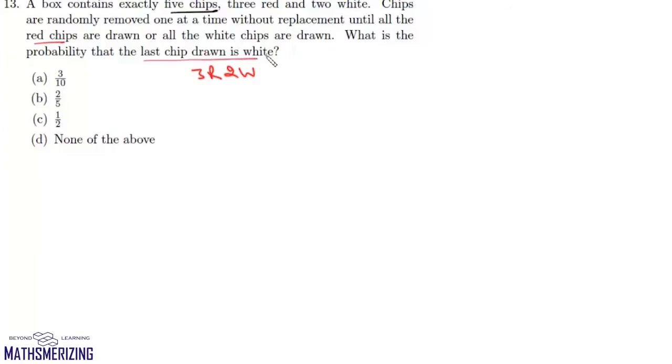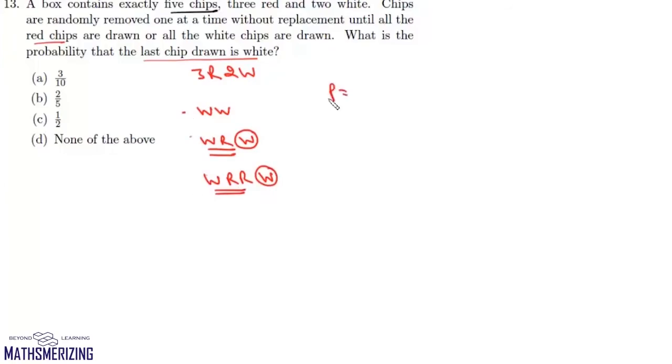Now this last will be white if we get white in first two, or if we get white red and white in third, or if we get white red red and white in fourth.